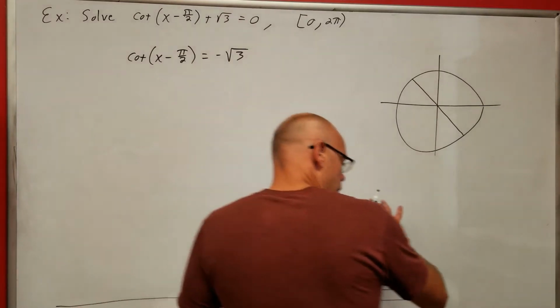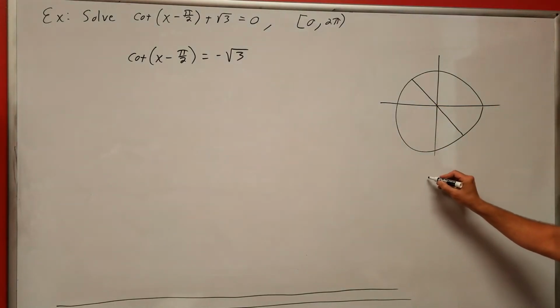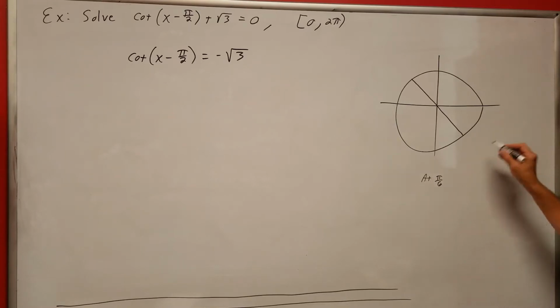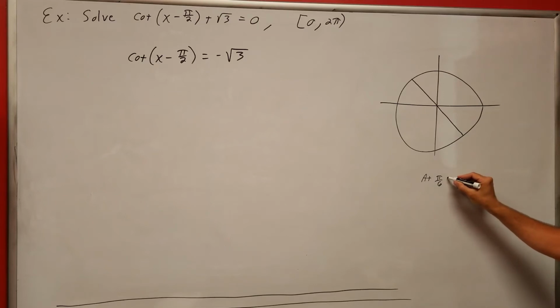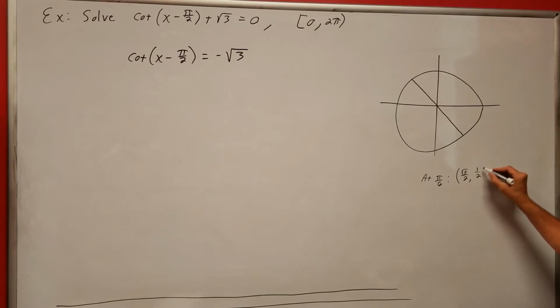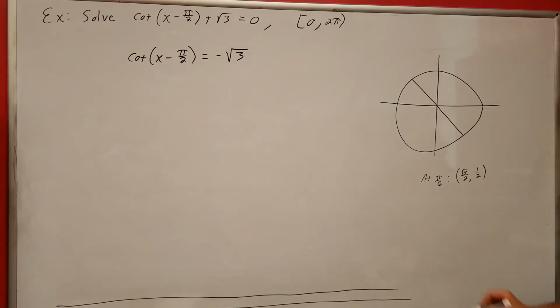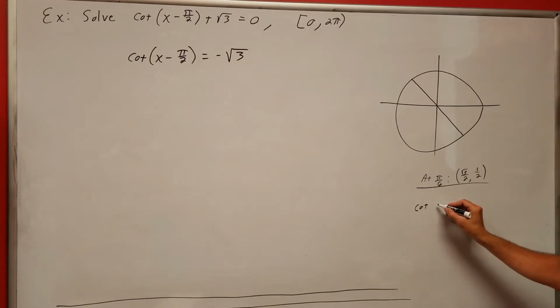Well, let's figure that out. Let's do some scratch work over here. I know that at pi over 6, let's just focus on the first quadrant right now, okay? At pi over 6, what is my ordered pair on the unit circle? Wouldn't it be the square root of 3 over 2 comma 1/2? All right. Now, what if I calculate the cotangent at pi over 6?